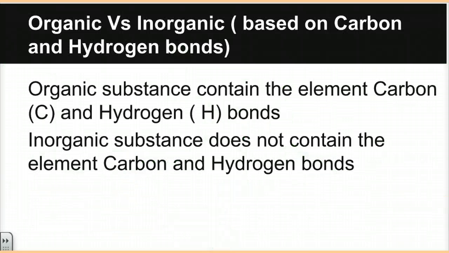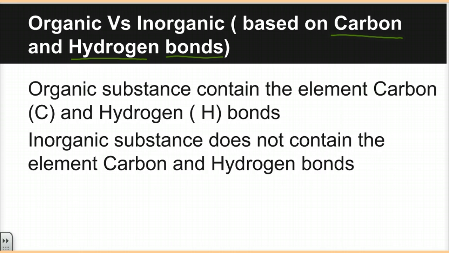Organic versus inorganic. So, of all the different things you can get from feeding, that is water, vitamins, minerals, carbohydrates, proteins, and fats or lipids, they can be classified or grouped into different categories based on carbon and hydrogen bonds. Now, bonds means that these two elements are linked together.